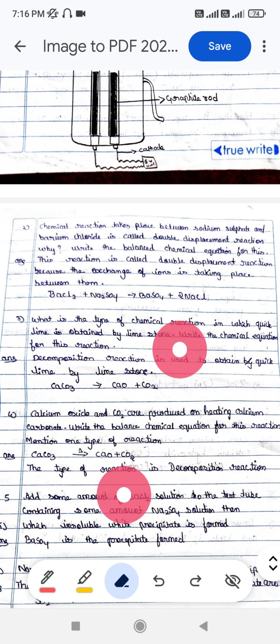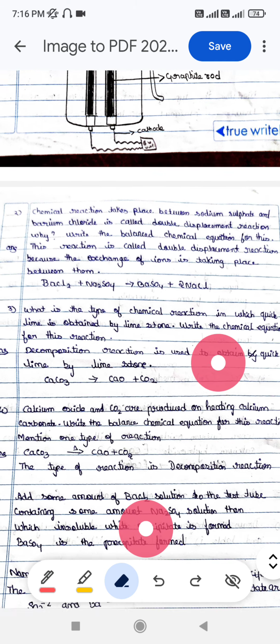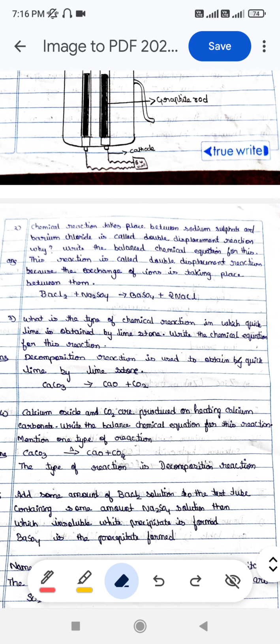Okay, next question: what is the type of chemical reaction in which quicklime is obtained from limestone? Write the chemical reaction. We already discussed it in the first part of this chapter, so that is a 1-mark question. What is the chemical formula of quicklime?